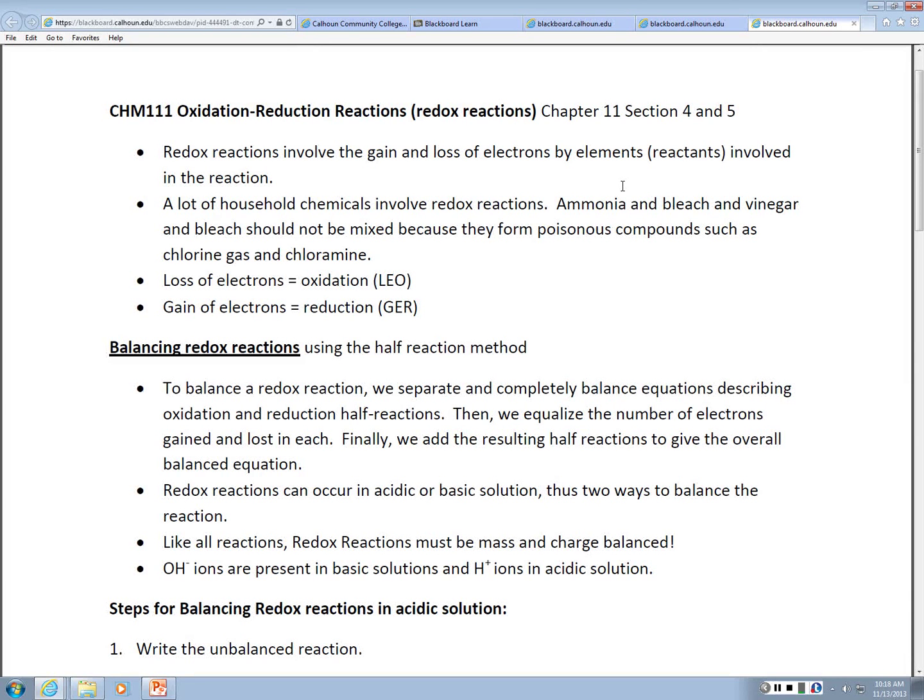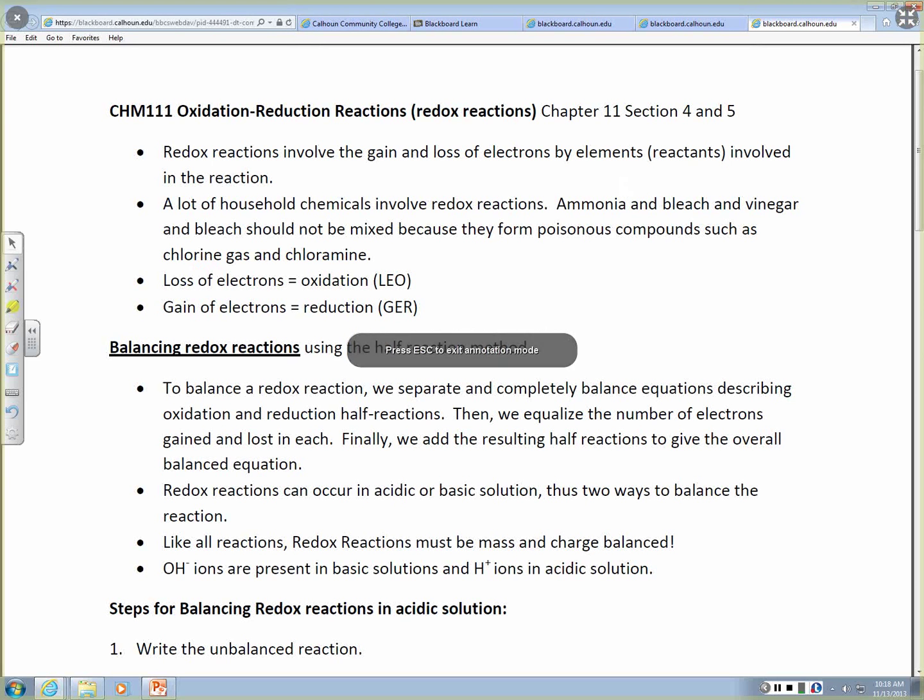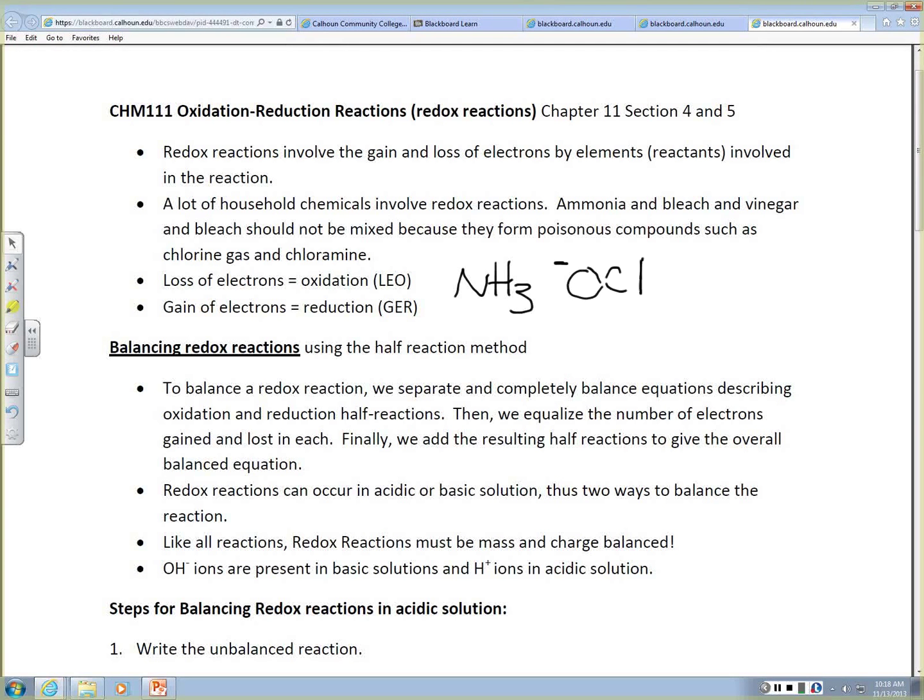Yep, it makes a chloramine is what ends up happening. If you take ammonia and bleach, which is basically this hypochlorite ion here, you end up forming this. This is a poisonous gas.